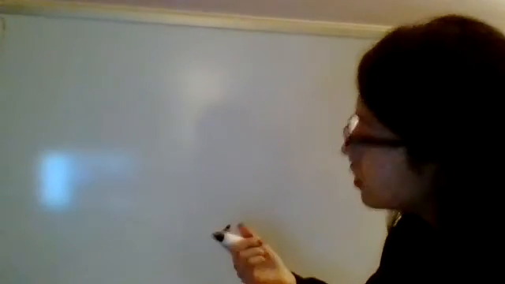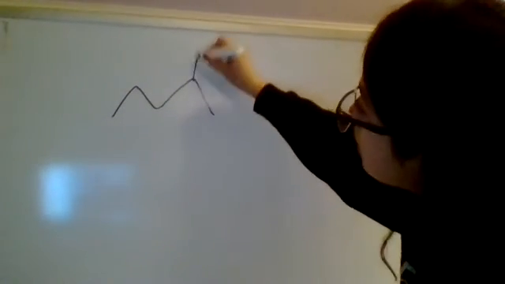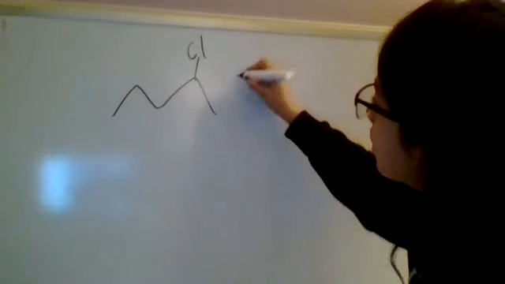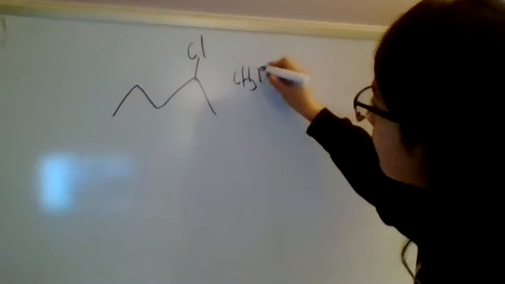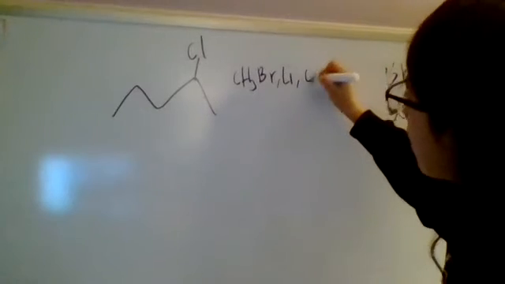Alright, the next one was, what is the major product? This was that copper one, like that new reaction we learned. Yeah. This one I know I got wrong, because this is the one where I read it wrong. So the first step was CH3Br and lithium and copper iodide.